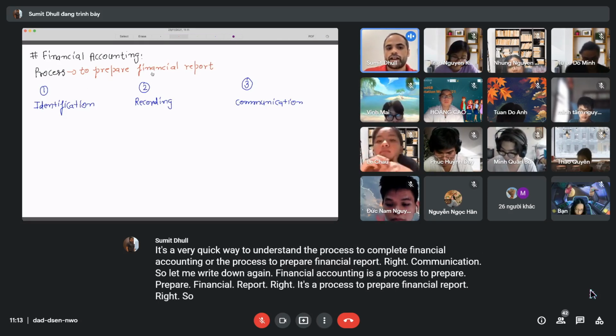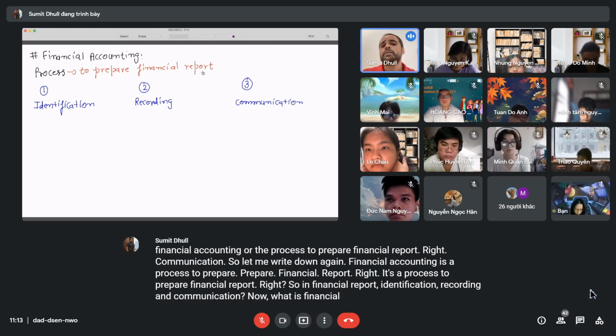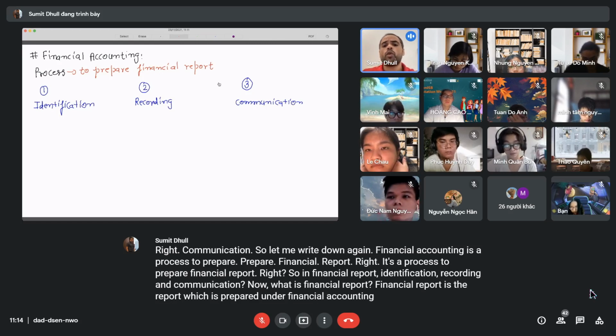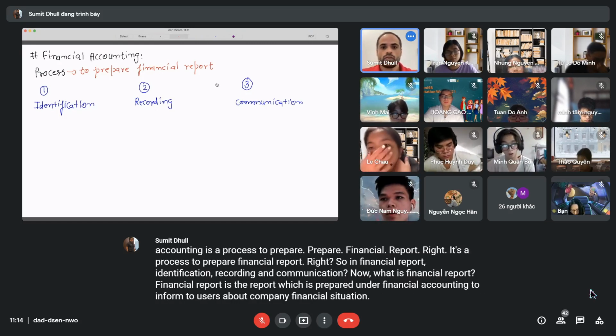So in a financial report: identification, recording, and communication. Now, what is a financial report? A financial report is a report which is prepared under financial accounting to inform users about the company's financial situation, right?